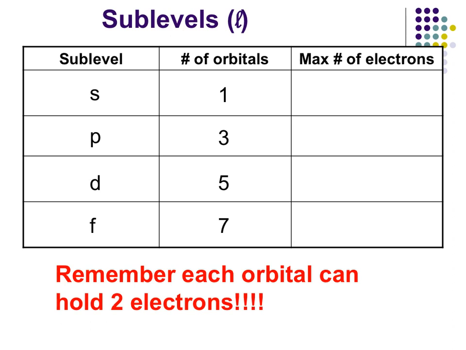So with S having a single orbital, it could only ever hold 2 electrons. But if P has 3 orbitals, each of which can hold 2, I could get up to 6 electrons. With this pattern, how many electrons would D hold? 10. And then F, with 7 orbitals, could hold 14.